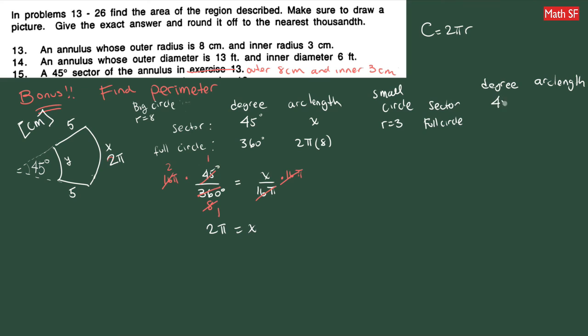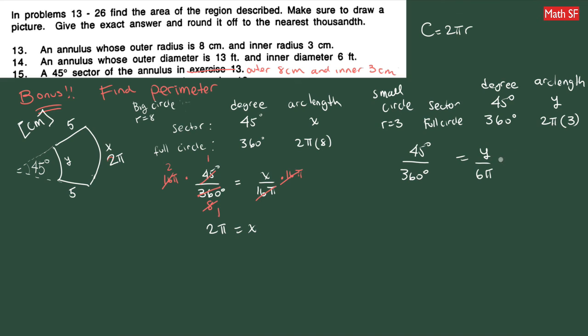The sector is 45 degrees. The full circle is 360 degrees. The arc length is y in this case. Be careful here. The circumference of the small circle is 2 pi times 3, which is 6 pi. Now using proportions, you have 45 degrees over 360 degrees equal y over 6 pi.